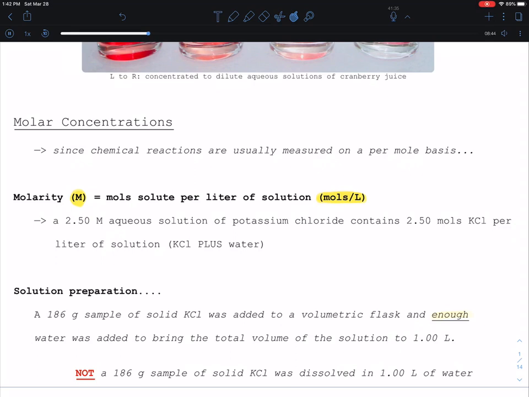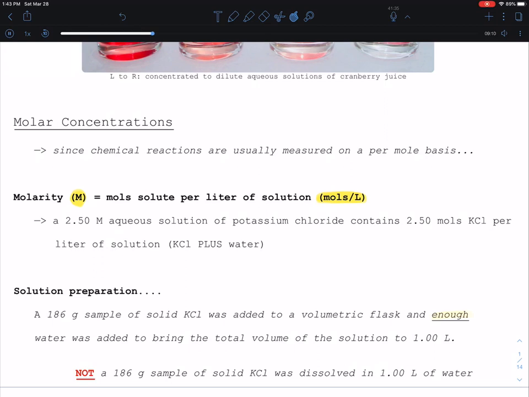If it's an aqueous solution, the water is the solvent, but the water is not the only thing in solution. The potassium chloride is also in solution. So we're not going to say I've got 2.5 moles of potassium chloride per liter of water. We're going to say we have 2.50 moles of potassium chloride per liter of potassium chloride solution. That's going to be a big deal when we do our calculations.